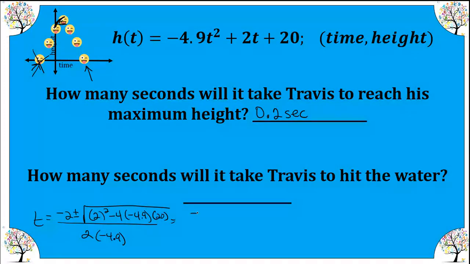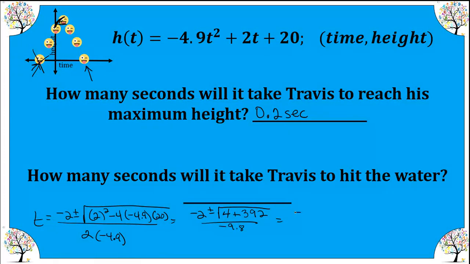Let's clean this up. Negative 2 plus or minus, we're going to have 4, and then we have a negative times a negative, so that's plus. And now let's multiply those out. 4 times 4.9 times 20 gives us 392 over negative 9.8.